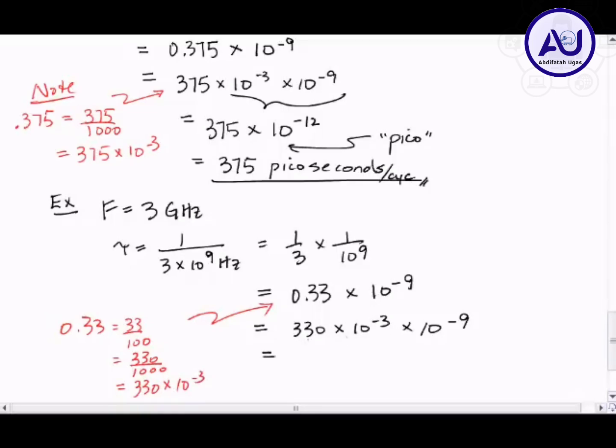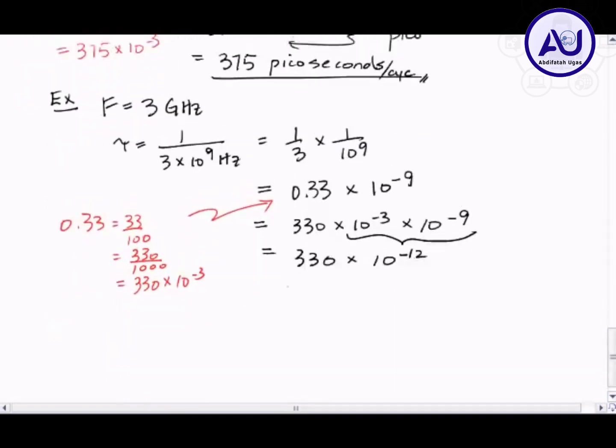So now we can use the law of exponents to group our powers of 10 together to get 10 to the minus 12, which is picoseconds, or pico. So we can just say this is 330 picoseconds per cycle.